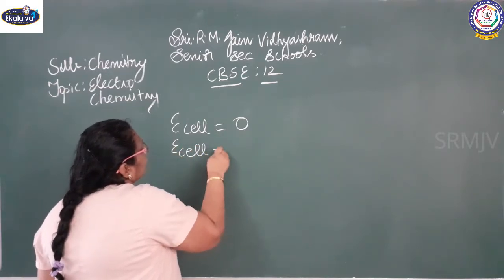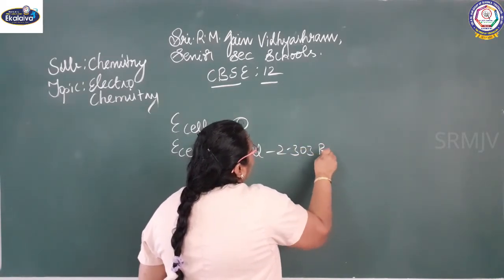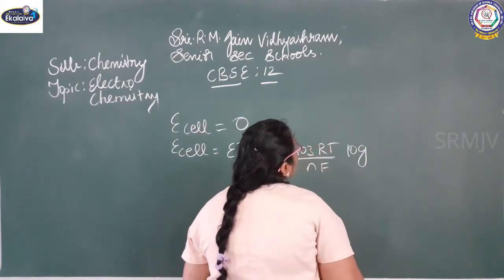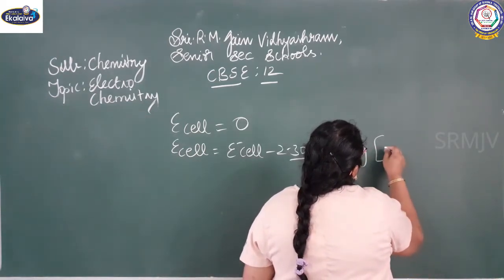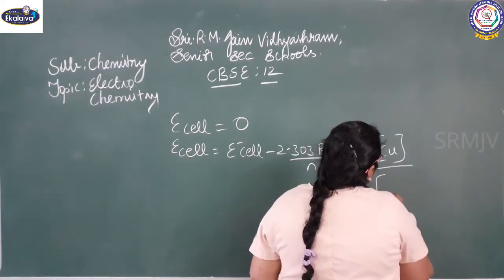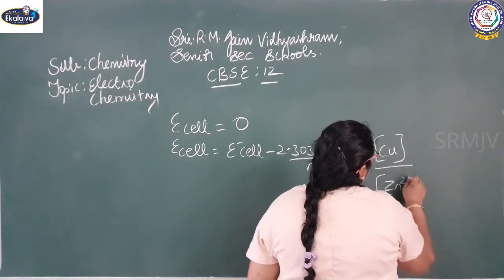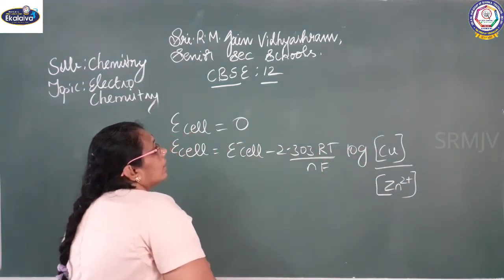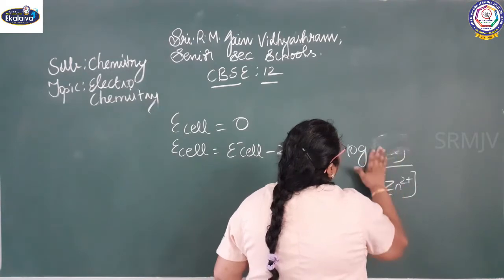E cell is equal to E dash cell minus 2.303 RT divided by nF log of products over reactants. Zinc plus copper 2 plus gives zinc 2 plus plus copper, so log of zinc 2 plus by copper 2 plus concentration.